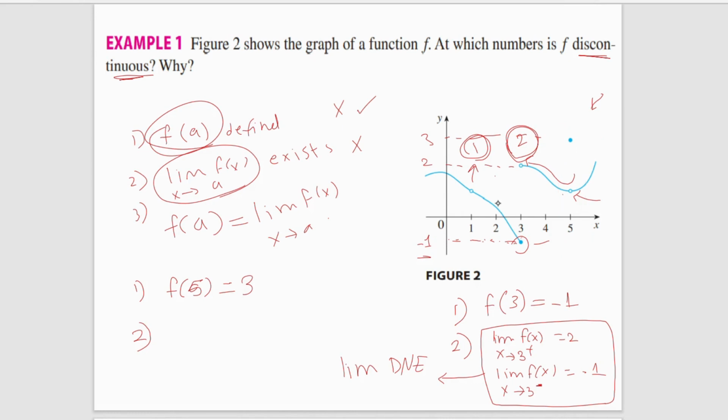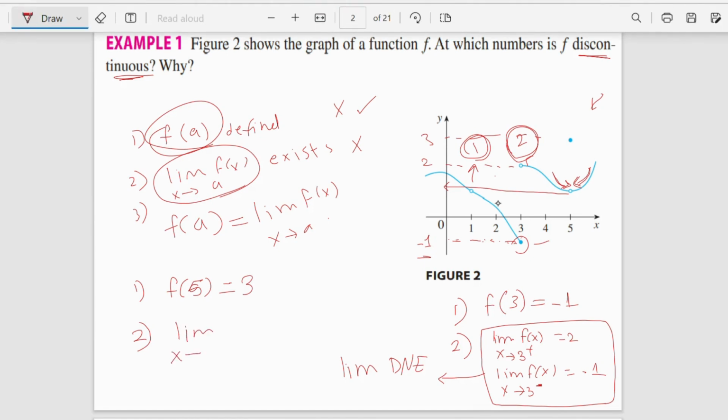Then the second condition, where I should find the limit. The limit for the function at x is equal to 5, I need to check from the right hand side and from the left hand side. And I can see that the limit from the right hand side is equal to the limit from the left hand side, which is equal to that value, approximately 1. We can say it's equal to 1.